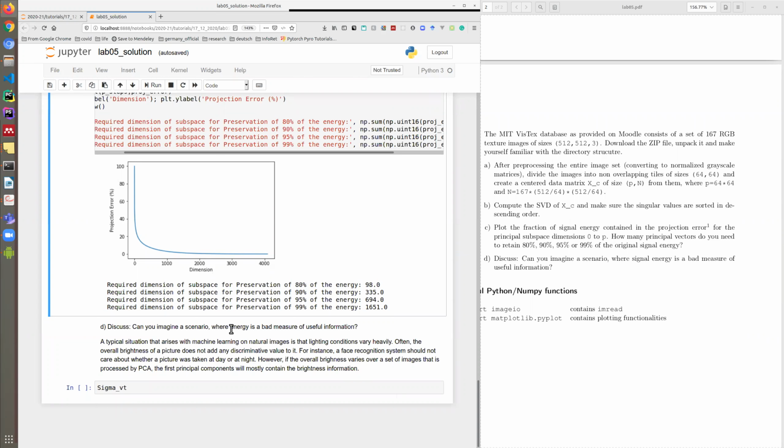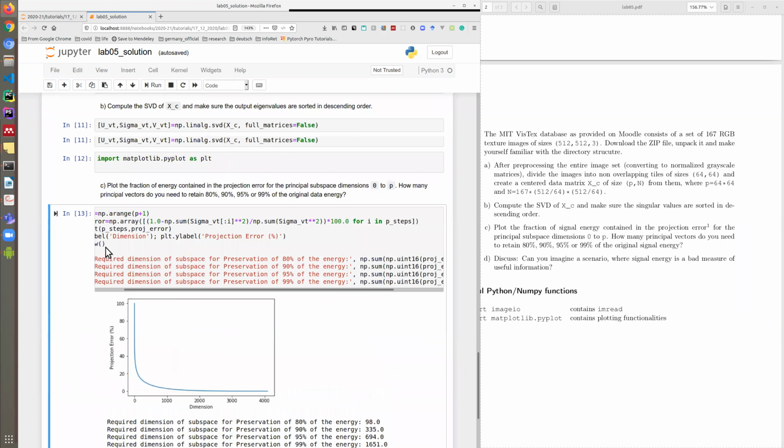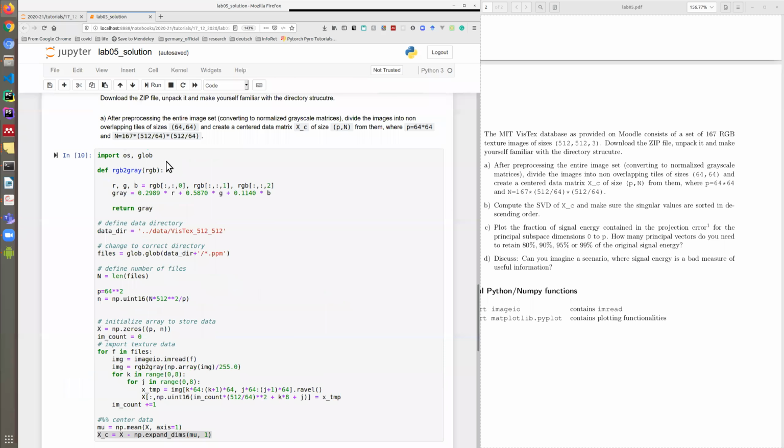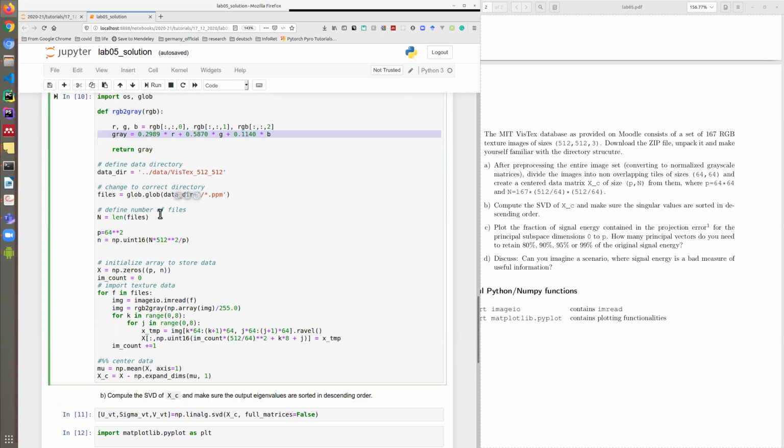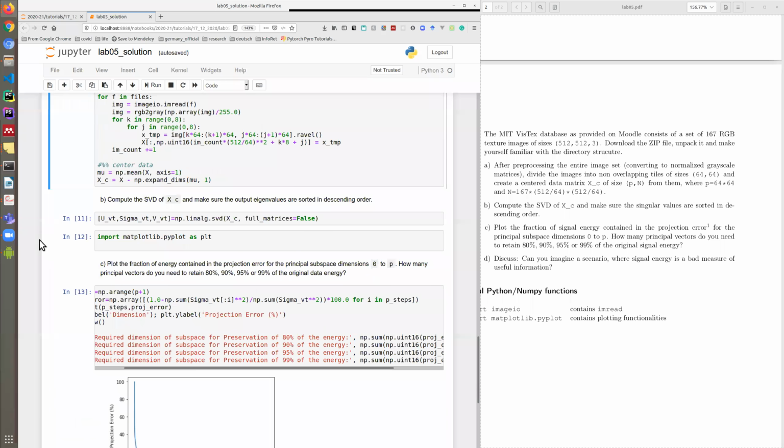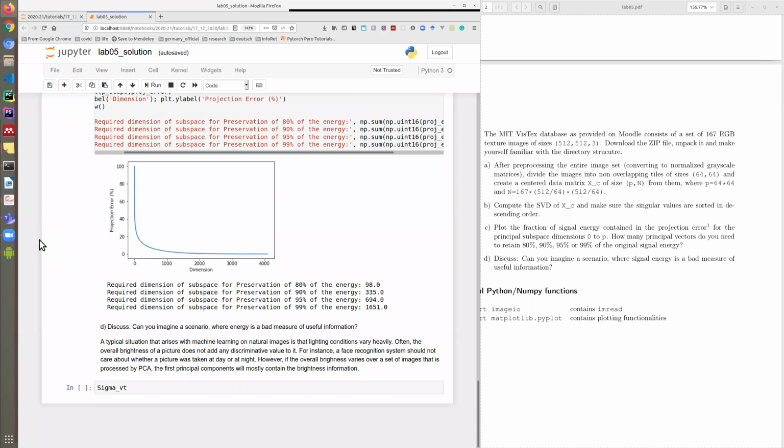So if we are designing a face recognition system, PCA, using the approach that we followed here, keeps the brightness information as a priority.